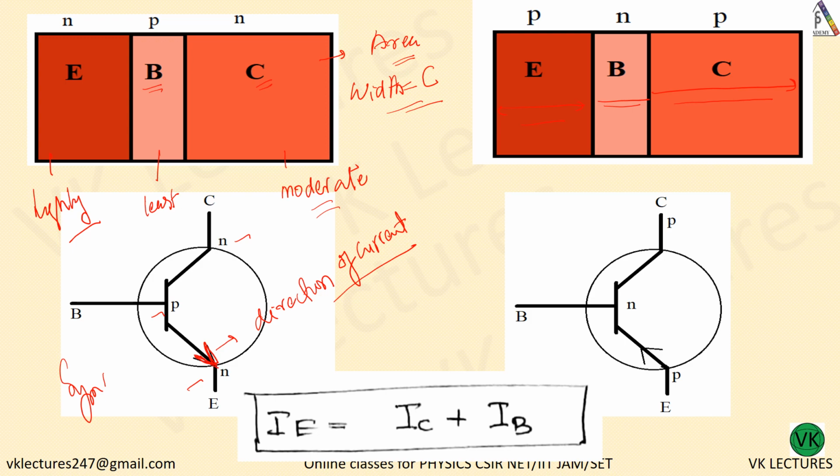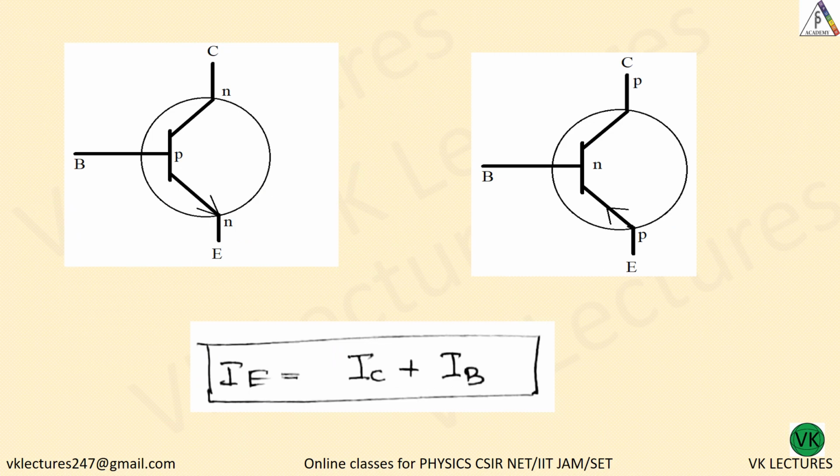If it is towards out, that means from the emitter, so this is NPN transistor. The arrow mark outward. Okay. So here PNP transistor, arrow mark inward. Now this is collector, base and emitter. Here also collector, base and emitter.